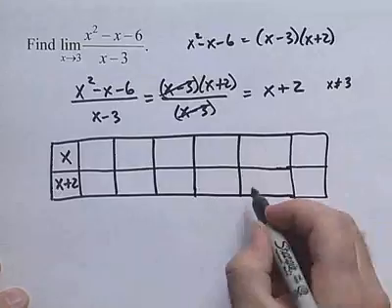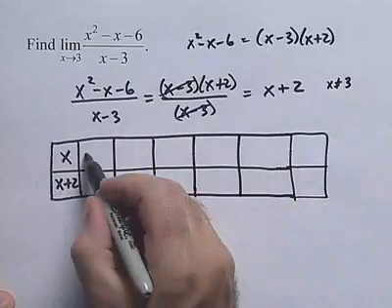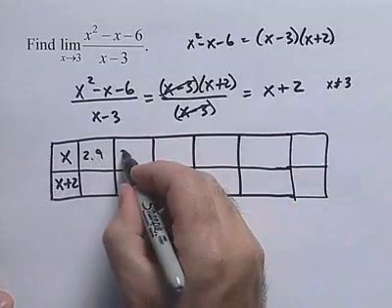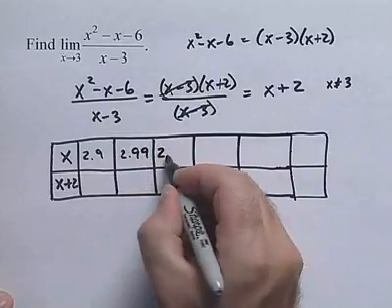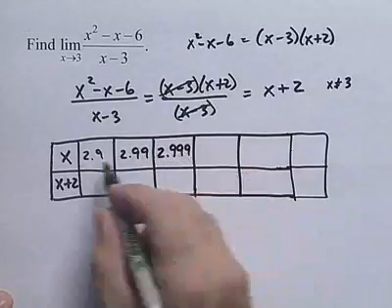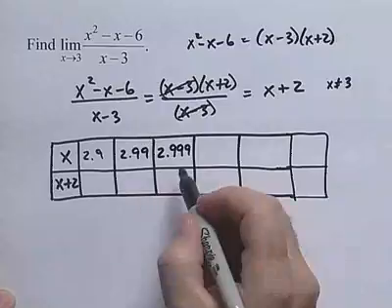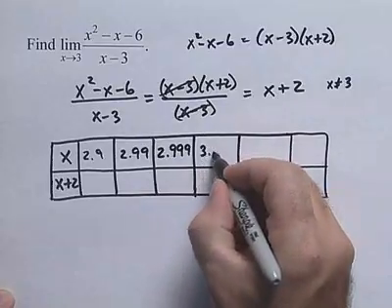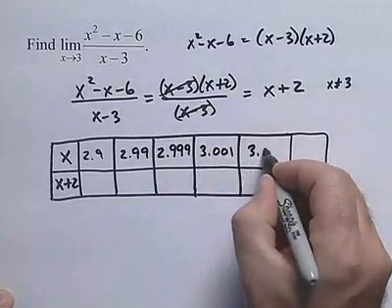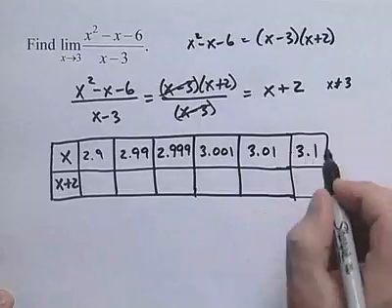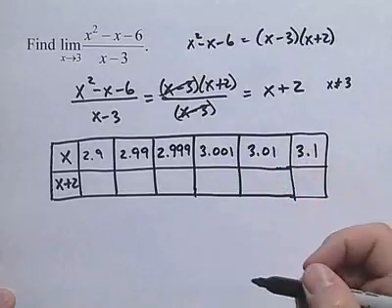And so we'd like to pick a few values on either side of 3. So we'll let x equal 2.9, 2.99, and 2.999. So we're going to be getting close to 3 from the left. And we'll use 3.001, 3.01, and 3.1. So we'd be getting close to 3 from the right.